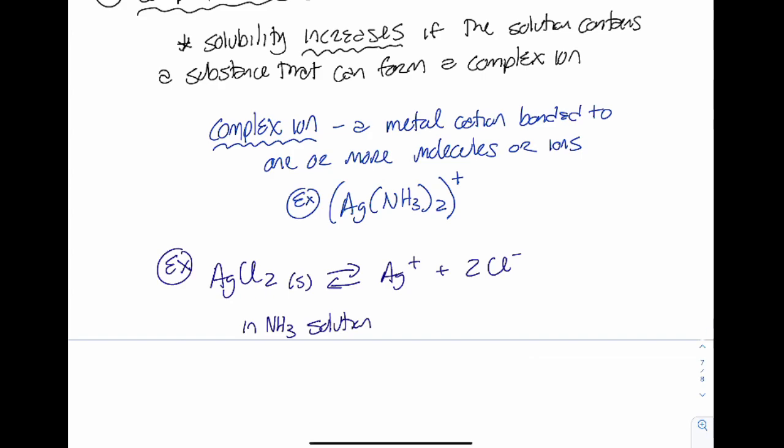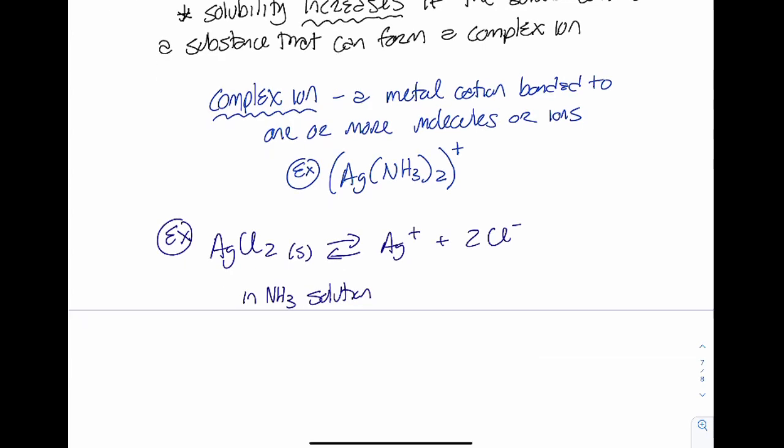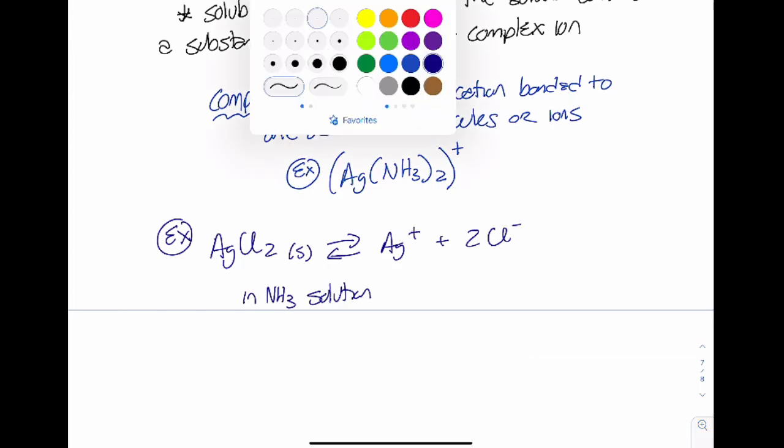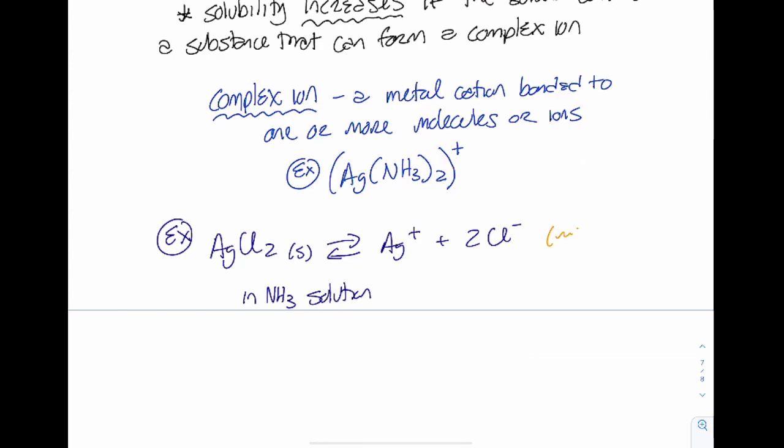But in ammonia solution, my solubility does increase. And the reason for that is ammonia forms that complex ion with silver. So basically, it's almost 100% insoluble. It is still slightly soluble, so it's not 100%, but it's just really not very soluble at all. In ammonia solution, it's still not a lot, but it is soluble. We can actually form a solution with it.